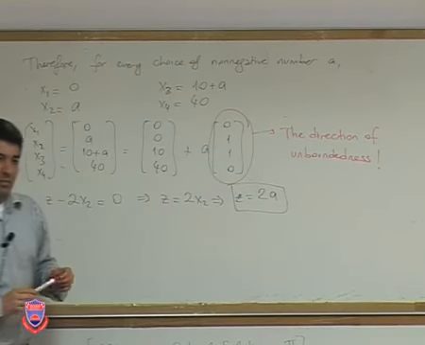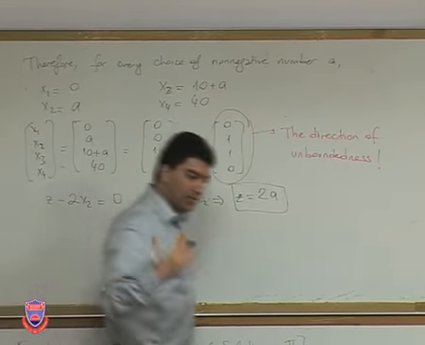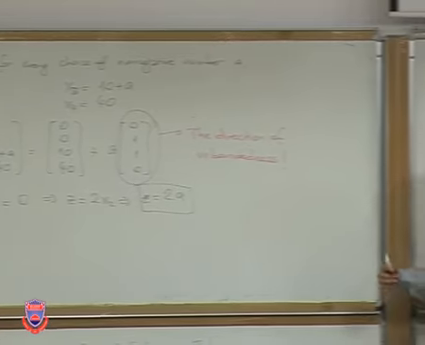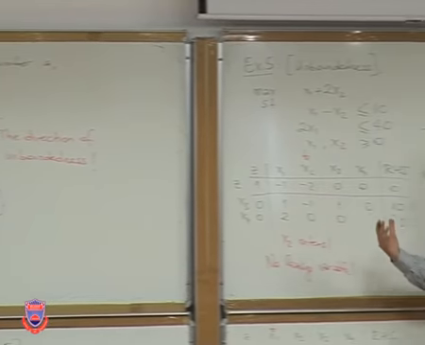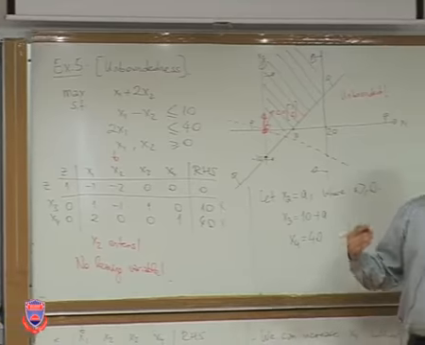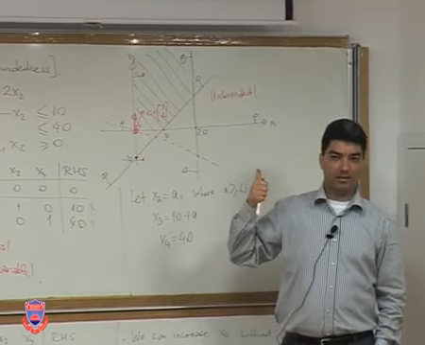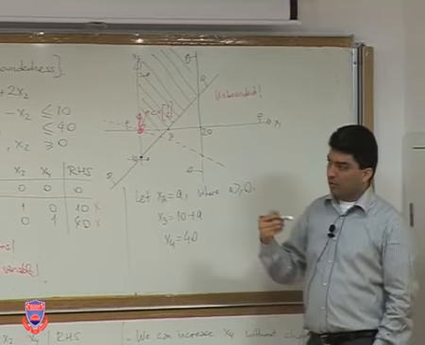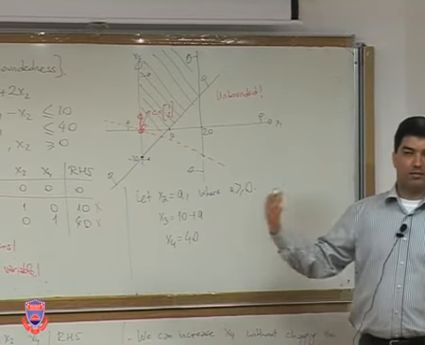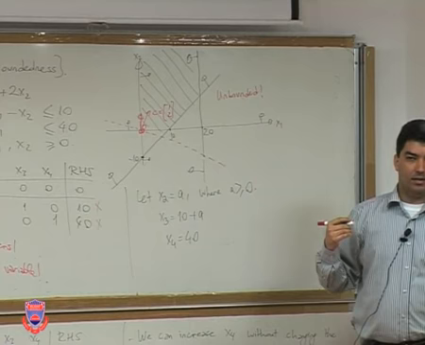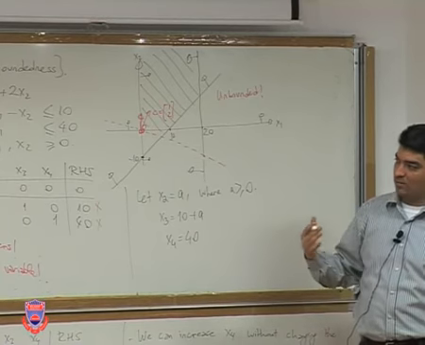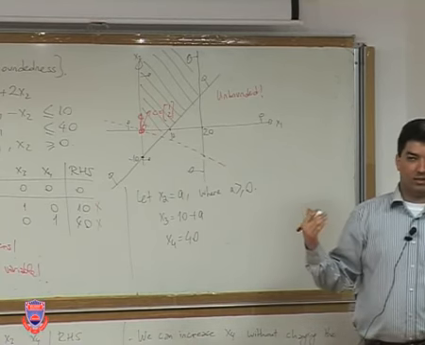Now this is important because the simplex method not only tells you that the problem is unbounded, but it also gives you the reason why it's unbounded. It says it's unbounded because if you move in that direction, the objective function value will be better and better. So it also gives you a reason, a proof that the problem is unbounded. It doesn't just guess that the problem is unbounded, it tells you why.